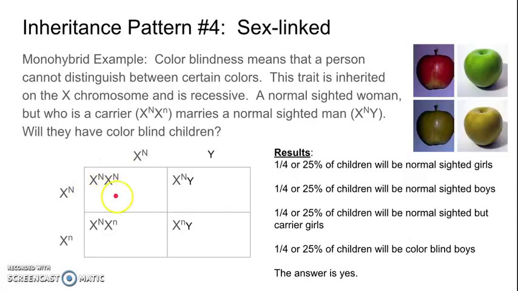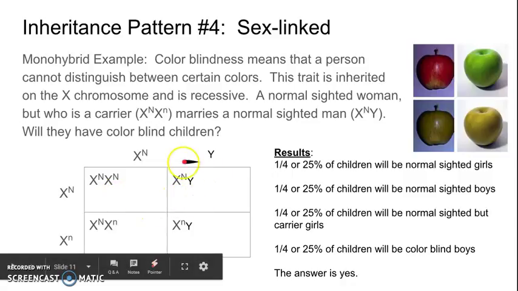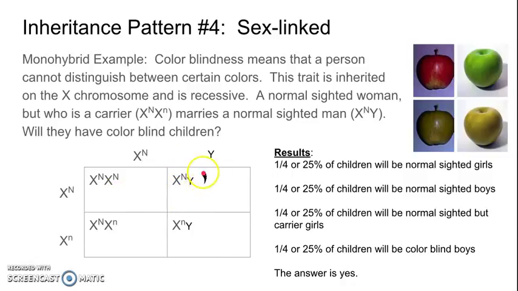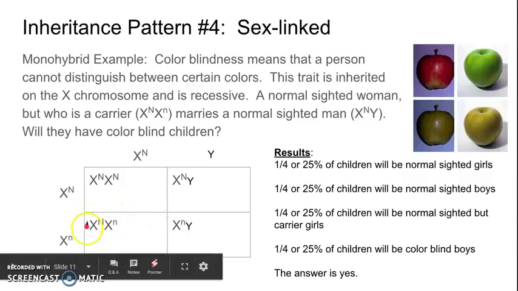Next, 1/4 or 25% of the children will be normal-sighted boys, because they have an X and a Y. 1/4 or 25% of children will be normal-sighted girls, but they will carry that little n. And then leaving us with this final possibility, 1/4 or 25% of children would be colorblind boys. So this combination would create the possibility of a colorblind child. And so the answer is yes.